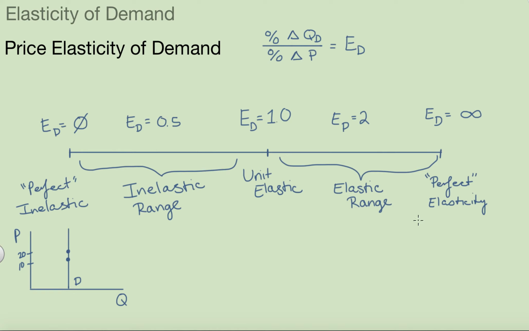But over here on this perfectly elastic side, we see that for the demand curve, if there's an increase in price, quantity demanded goes to 0. Here, there's no change. So here, there's a 0% change in quantity demanded, which is very, very different than over here. Quantity demanded is equal to 0.